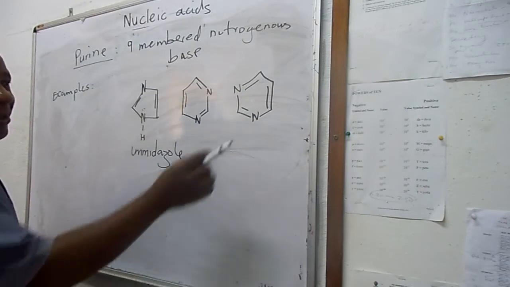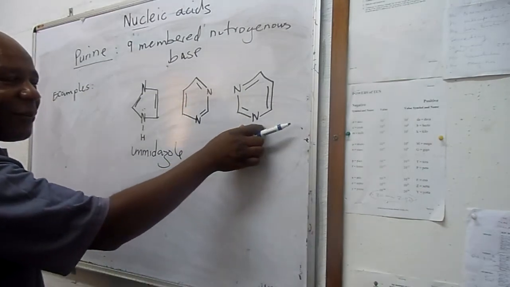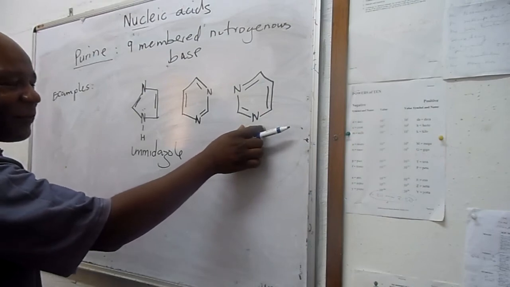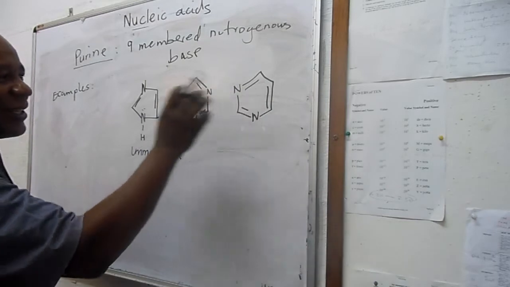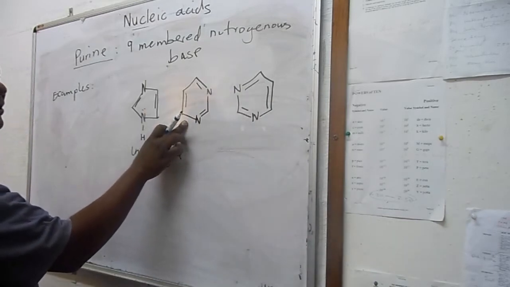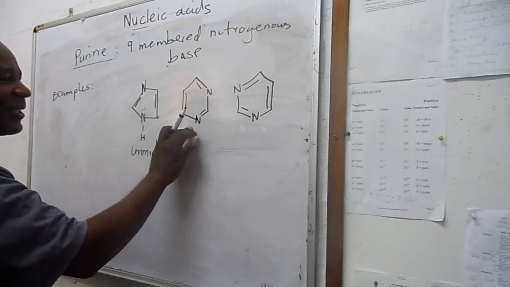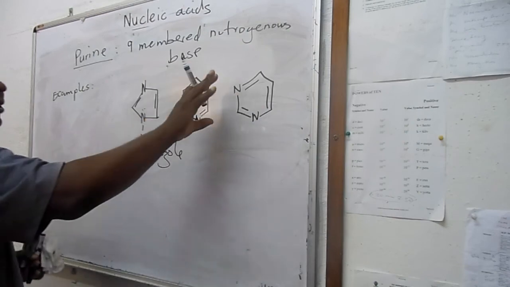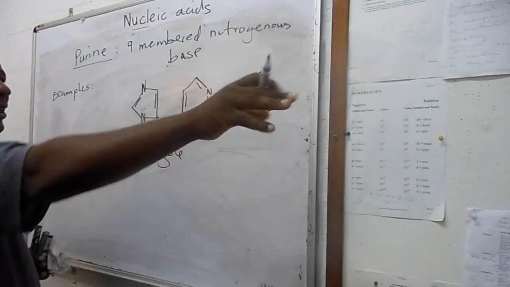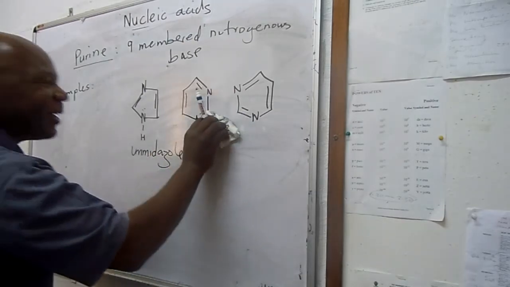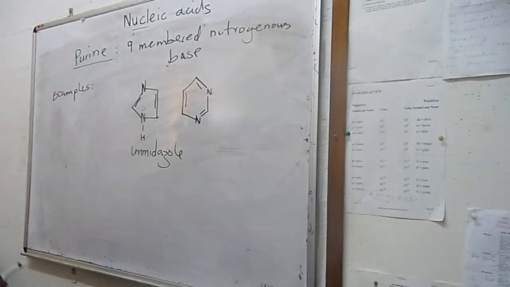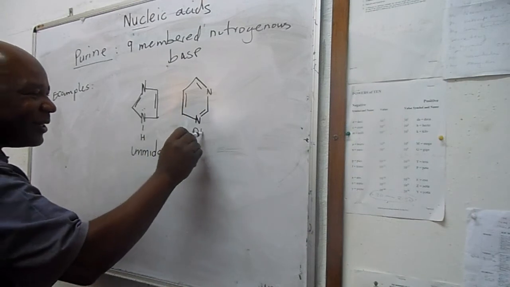Yes. We just looked at this one. This is the pyrimidine, the parent pyrimidine. If you turn it, it faces the other side. So this and this are the same. It's just that this one has the nitrogen facing to my right, this one has the nitrogen facing to my left. So I just wanted to remind you that this is pyrimidine.